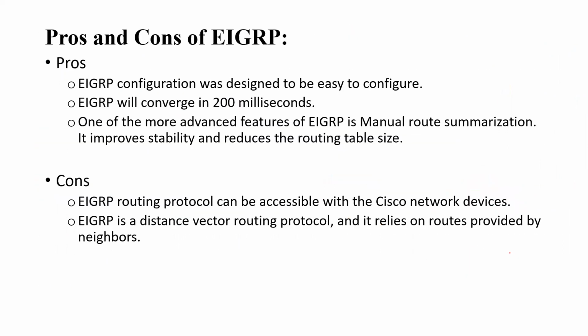So here the pros of EIGRP is it is easy to configure. And convergence time between the routers is 200 milliseconds. That is also fine, but the most advantage is stability. It means that we can configure a number of routers, and it is easy to configure, I can say in a simple way. But the cons is nothing but the disadvantages.